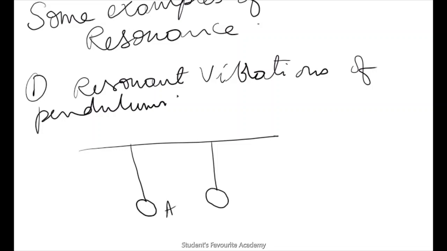Suppose this is A, and we call this B. Same length, suspended from this rubber string. Now suppose pendulum A is made to vibrate. Then the other pendulum B also starts vibrating, and B vibrates with a larger amplitude because of resonance. Next, the second example is resonance in machine parts.